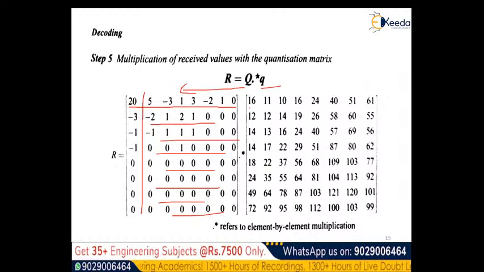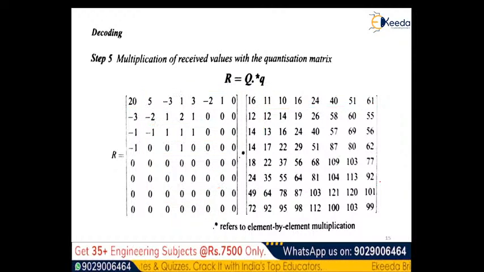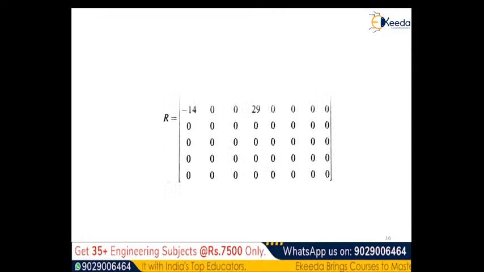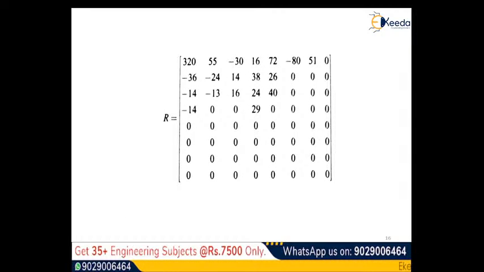The first row elements are 16, 11, 10, 16, 24, 40, 51, 61, and the first column elements after 16 are 12, 14, 14, 18, 24, 49, 72. This element wise multiplication will give us the resultant matrix denoted by capital R, the result of this step 5. This is again of the order 8 by 8.